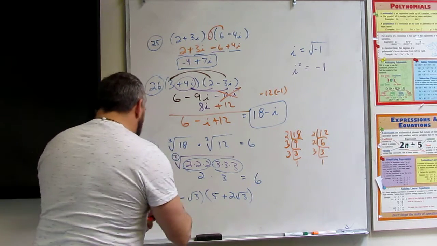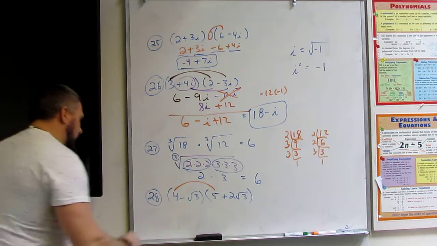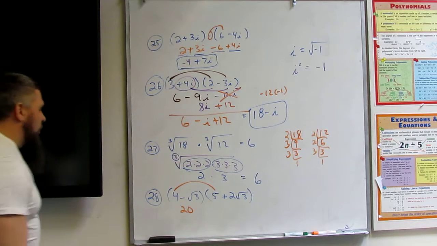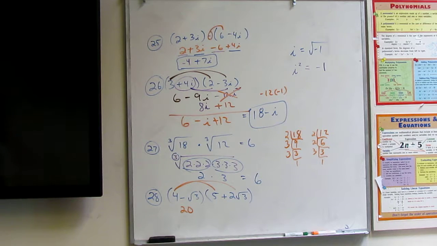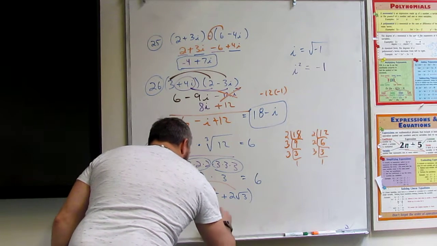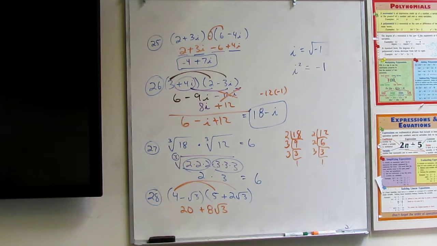Cool. All right, so let's do it. What is 4 times 5? 20. And then what is 4 times this 2 square root 3? 8 square root 3. Remember, outside the box goes with outside the box, and inside the box goes with inside the box.